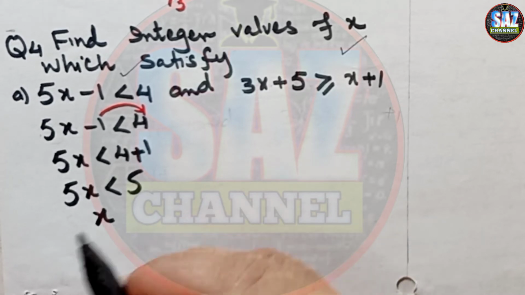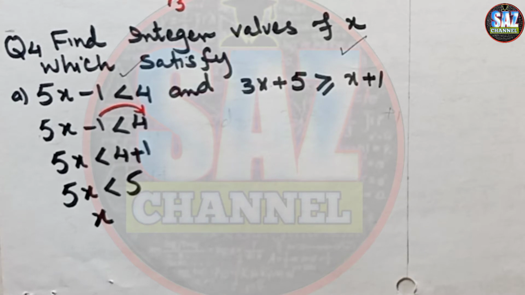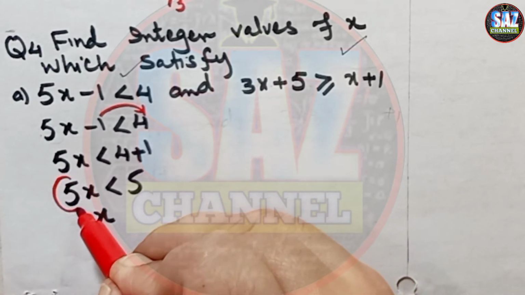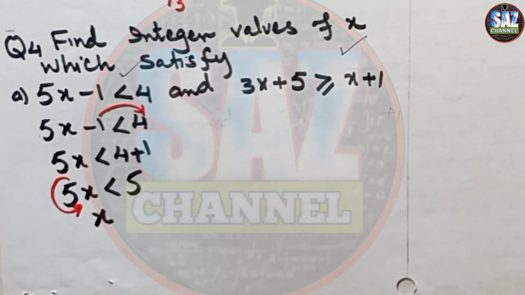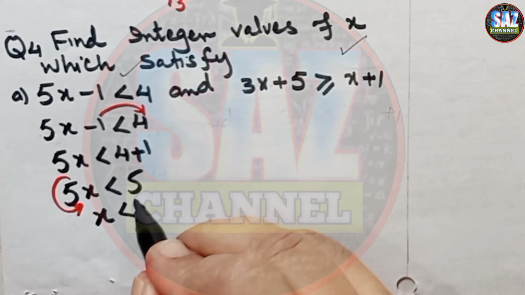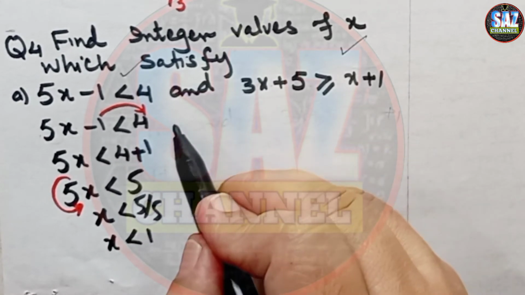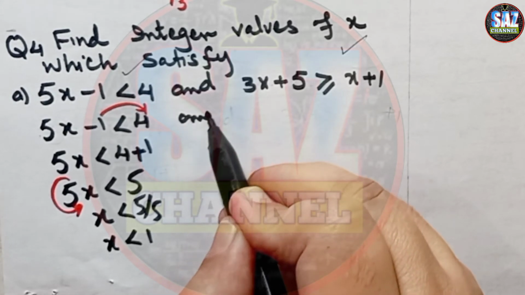This 5 is multiplied by x, so in order to get the value of x, I have to divide or shift that 5 to other side. x is less than 5 upon 5, or x is less than 1. I have to solve the other part of the question as well.